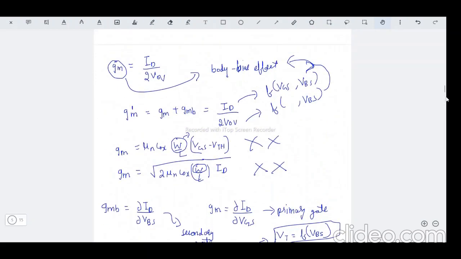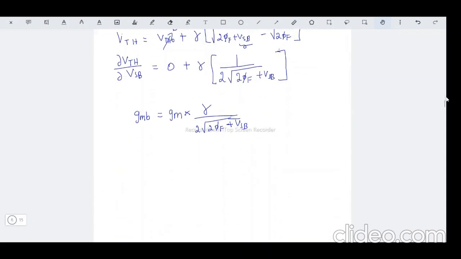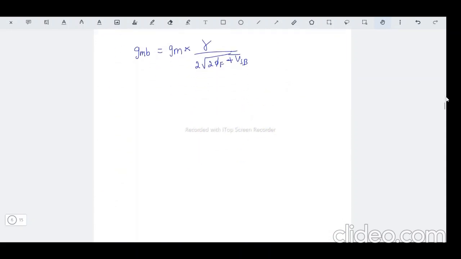If we recall the expression, gm plus GMB is equal to ID by 2 VOV. So we are able to express GMB in terms of gm, so that we can obtain either gm or GMB, and substitute into the gain equation, and we will be obtaining the gain.